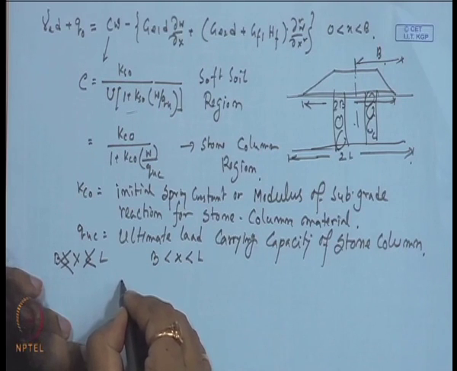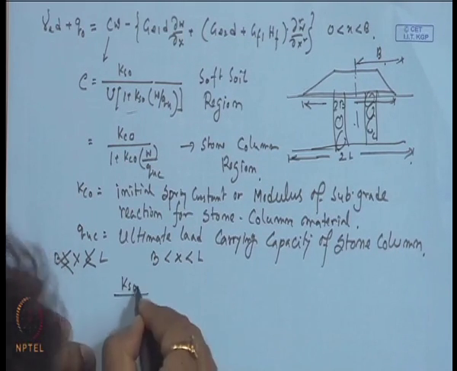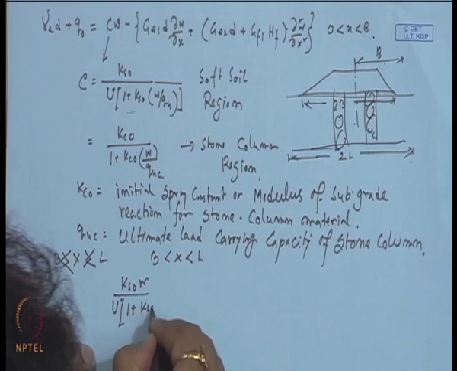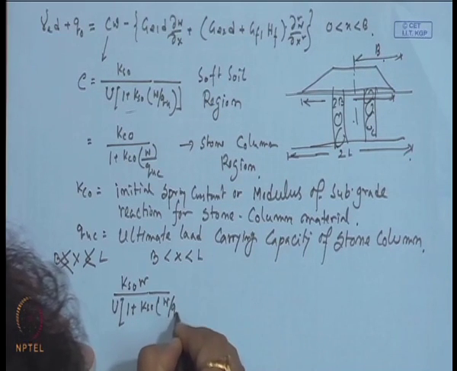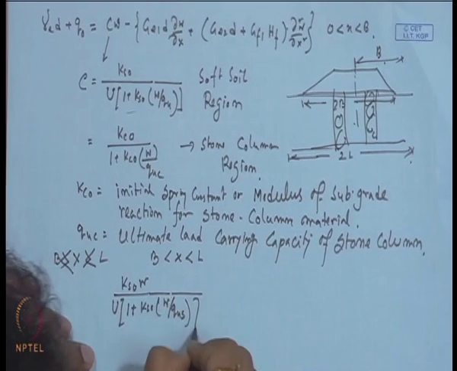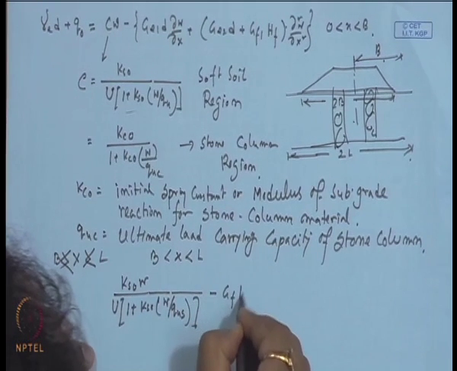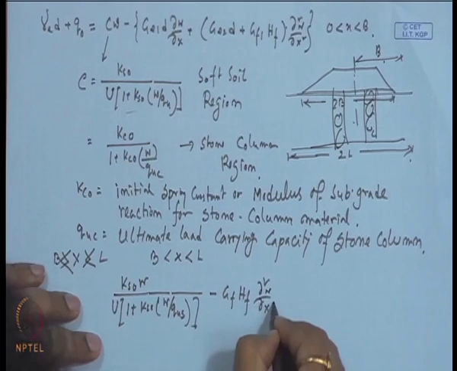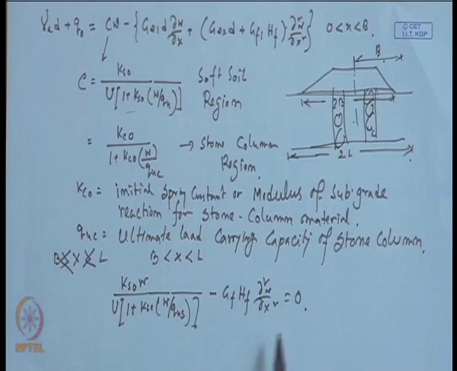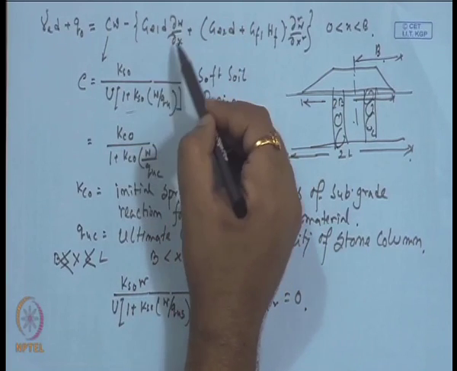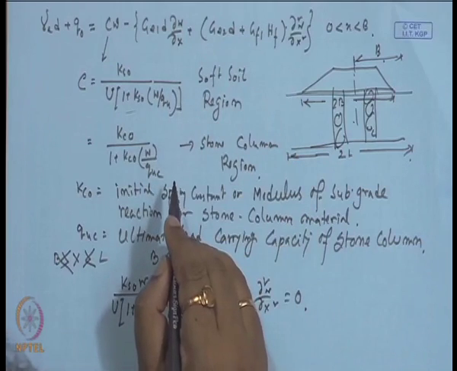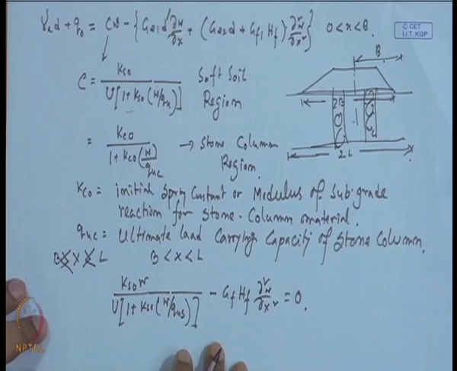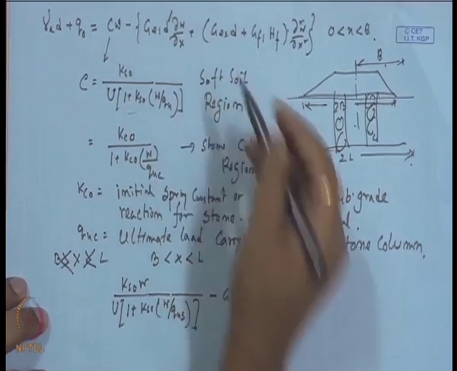So, we get q s 0 w u 1 plus k s 0 w by q u s, then minus g f h f del square w del x square that is equal to 0, because here this part will not be present, this part will also not be present, and d dash also, because the embankment is not present here.